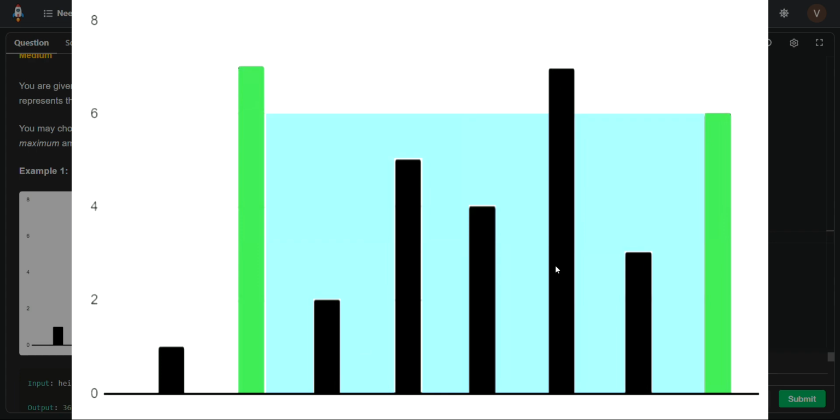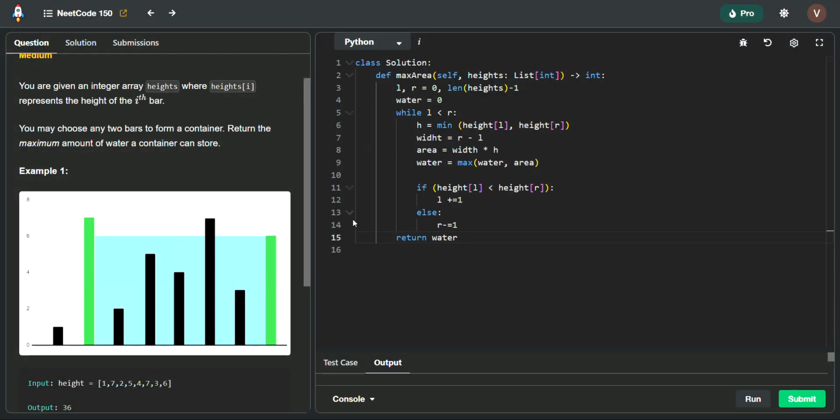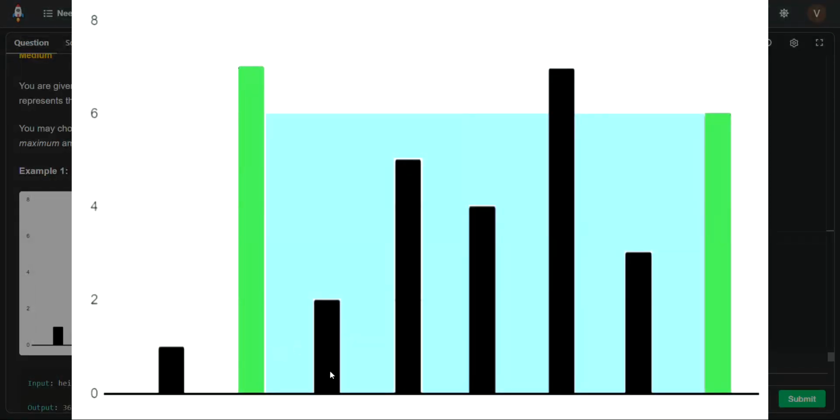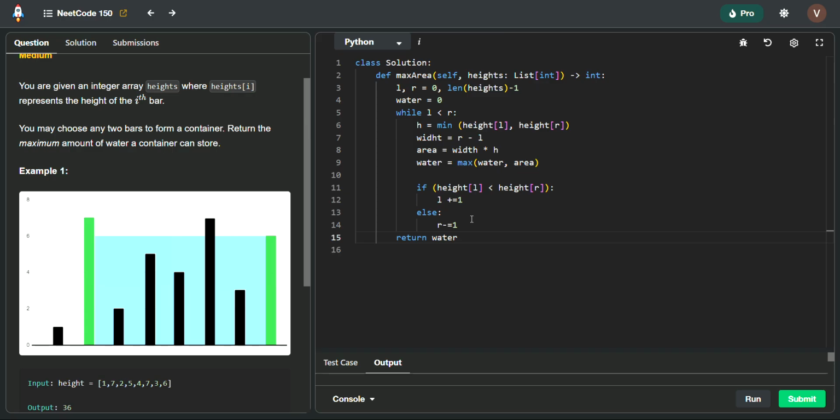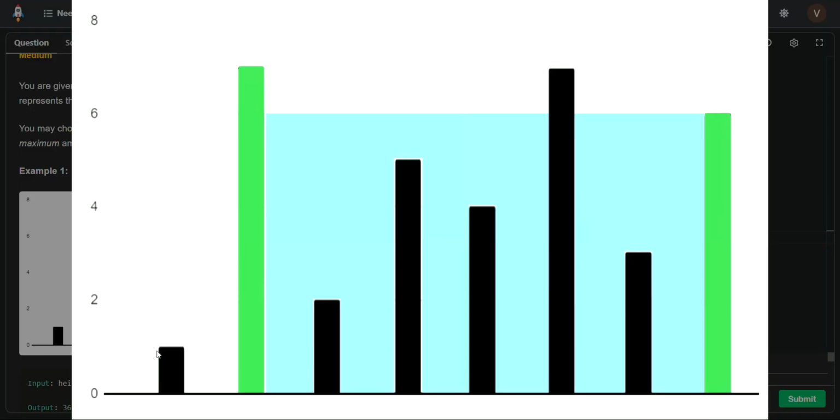So essentially, we first calculate the area, that way we know how much water we can have, and then we can see this is not the most optimal solution, so we increment our left, and then we get our optimal solution. And we do the same for our right.